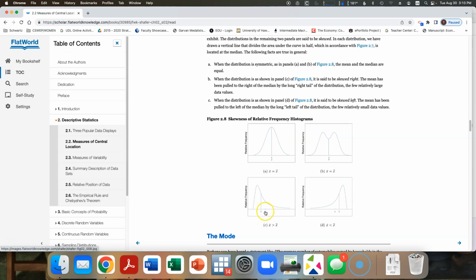So this would be your mean score, this would be your median. On the other hand, when your data is skewed to the left, as it is here, then your mean score is here, and it's pulled to the left of your median score here.